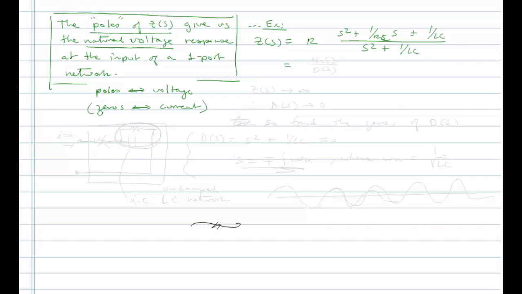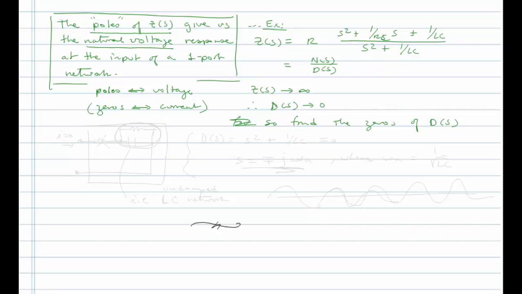Recall this is a numerator over denominator. So if I want Z of S to blow up, then I need the denominator to go to 0. So find the zeros of the denominator.